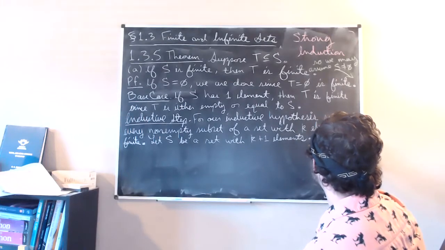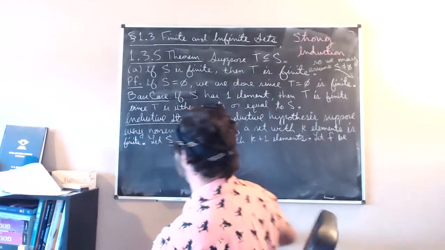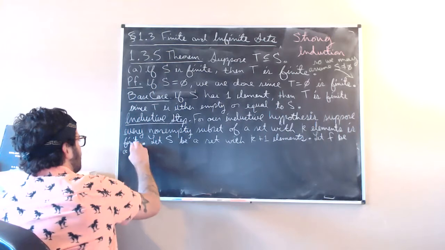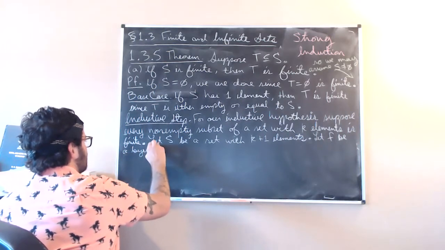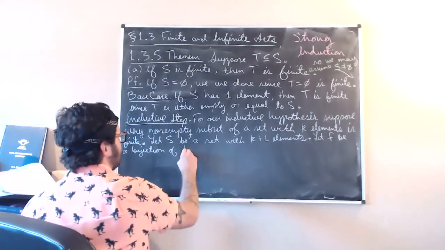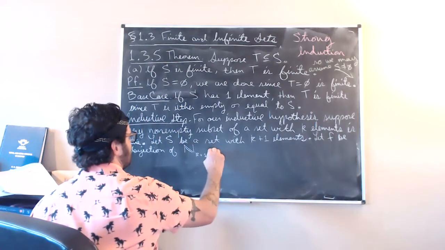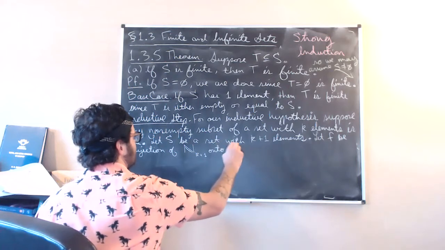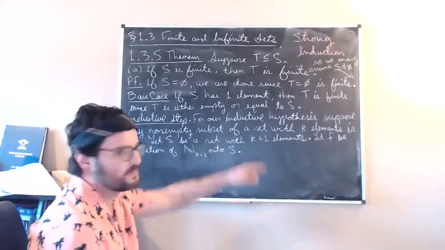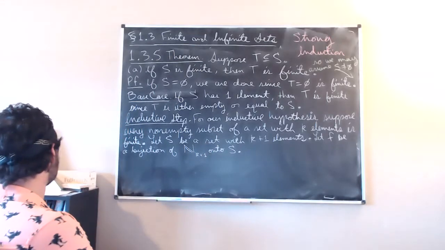Let F be a bijection of the naturals up to k plus 1 onto S. We know that such a bijection exists because S is a set with k plus 1 elements.